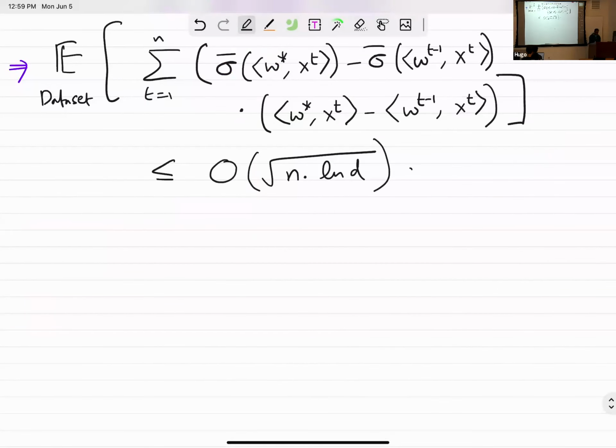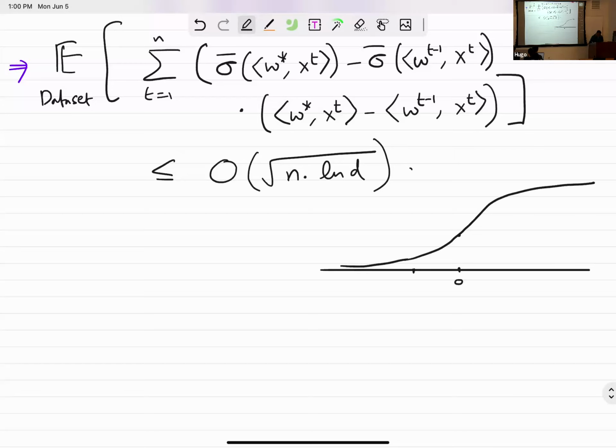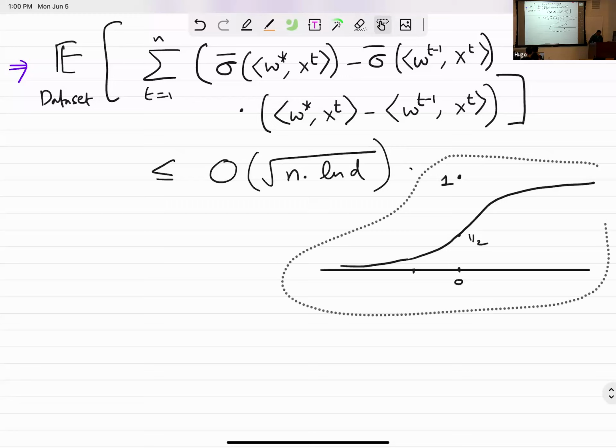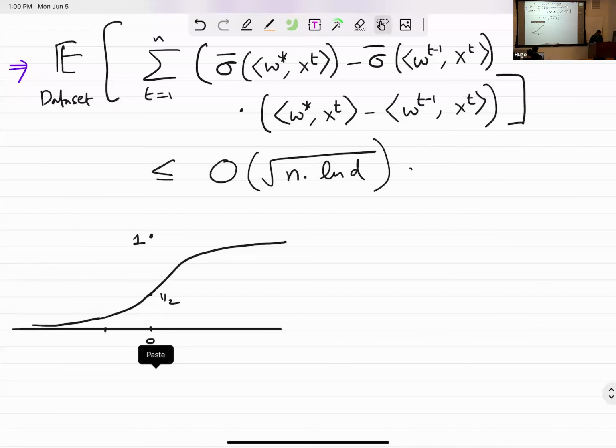So what can we do to fix that? Well, here's where, first let me state it for a sigmoid, and this is the sigmoid function.